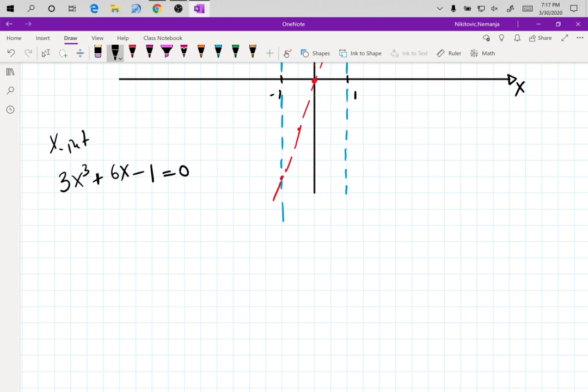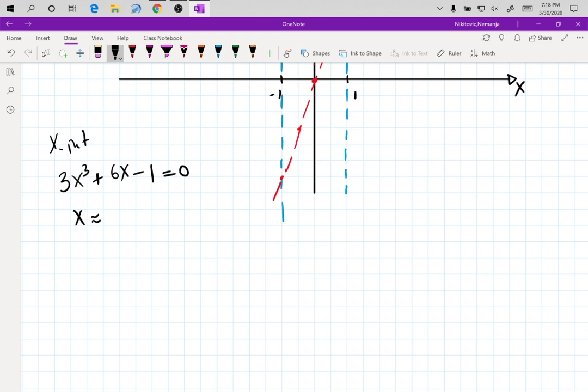So, solve 3x cubed plus 6x minus 1 equal to 0. What does it say? Approximate forms. What do I have? Ooh, I have only one real root and two complex roots.